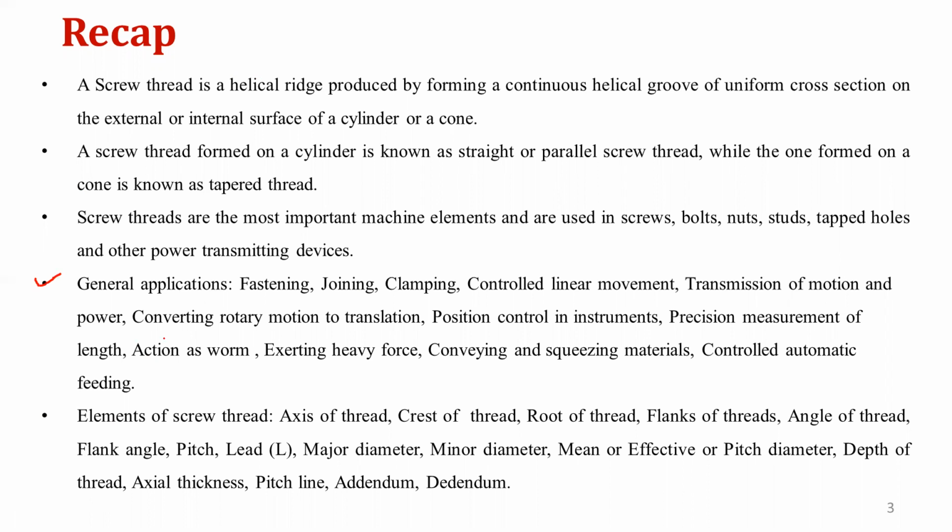We use the screw threads for fastening, that means temporary fixing of one part onto another by means of screws, nuts, bolts, and studs. And screw threads are used for joining purposes, that means coaxial joining of rods, tubes, etc. by means of both internal and external screws.